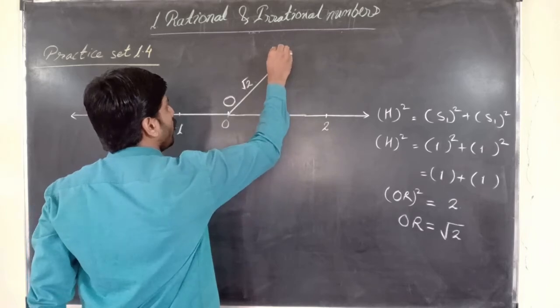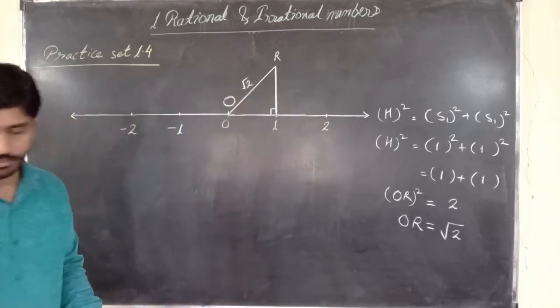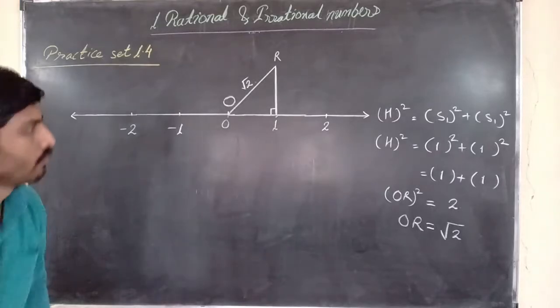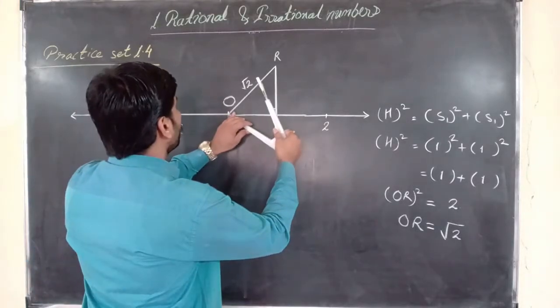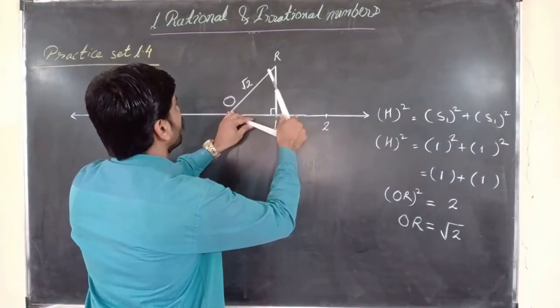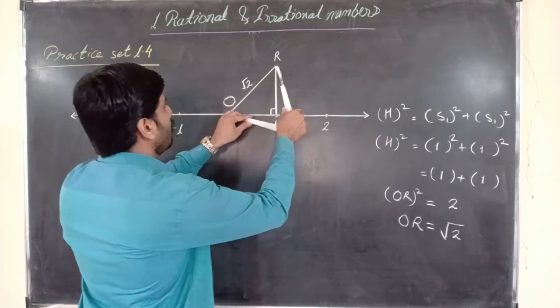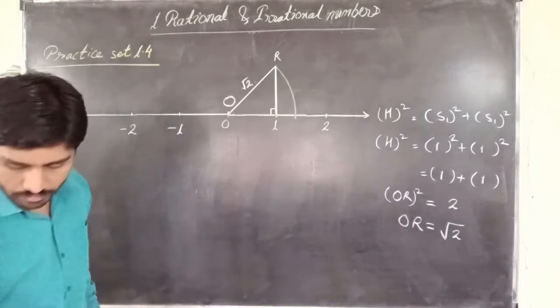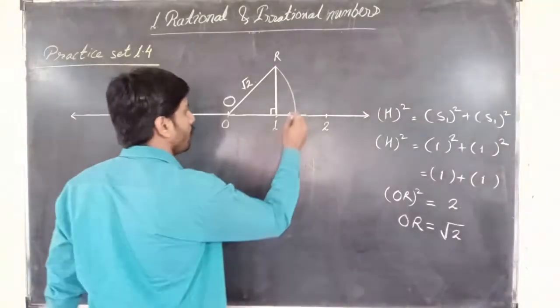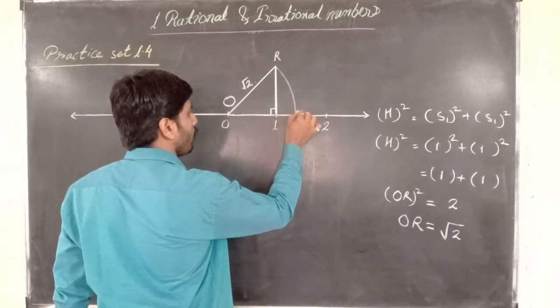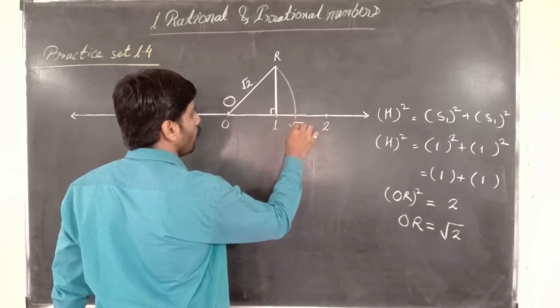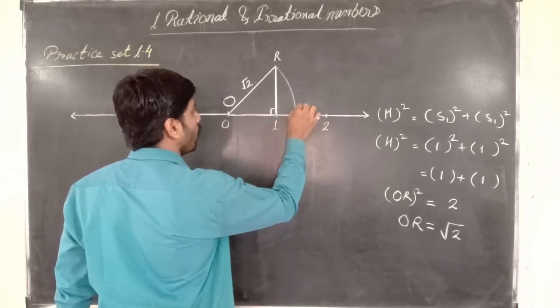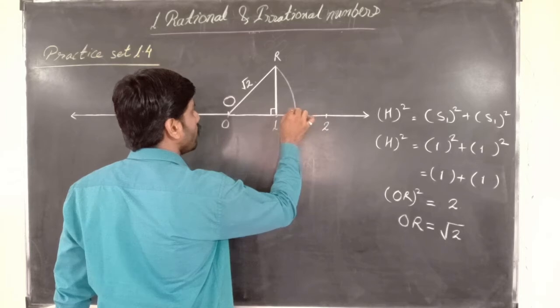We will name this point as R. Now we will take this length and mark here on numbers line. So here we have length square root of 2. We'll call this point as Q.